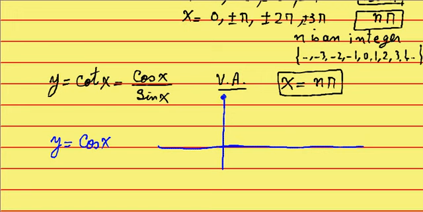Cosine, just like sine, oscillates between 1 and -1, and the difference is that it starts at 1, so something like this. So here is our height 1, here is the low point, -1.